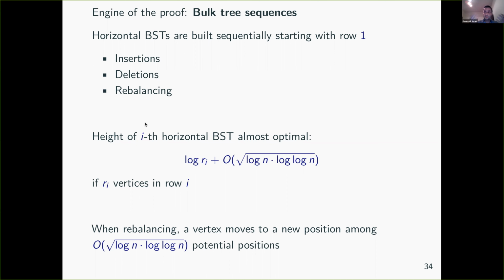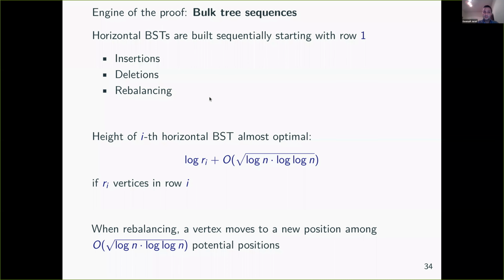And so the rebalancing will allow that, so that the BSTs stay almost optimal in height, but the BST in row i plus 1 will be strongly correlated to the BST in row i, in the sense that a vertex that survives from row i to row i plus 1 can only move to a few positions, big O of square root log n, log n. So these are the two main properties that we ensure in the rebalancing move.